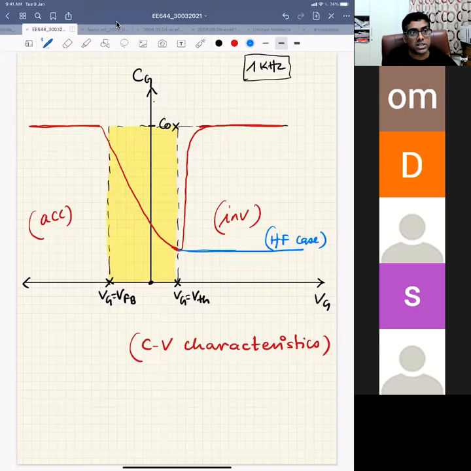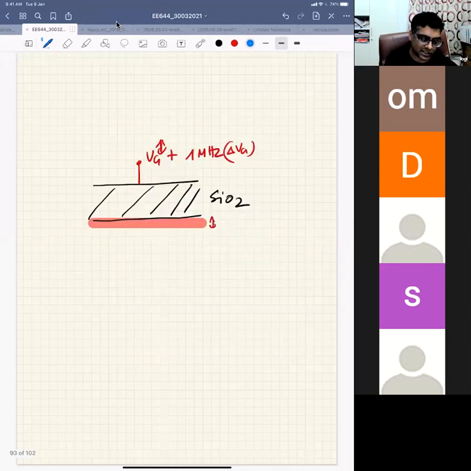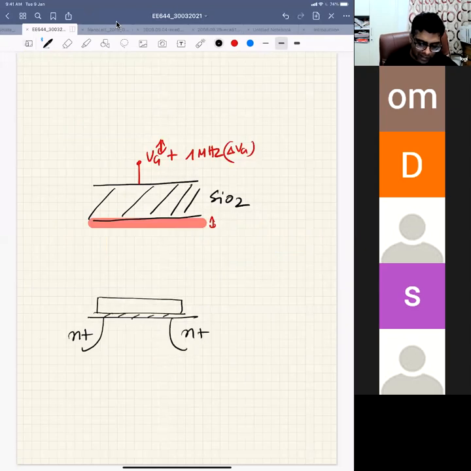But in case of a MOS transistor, we do not generate those electrons thermally. We have N plus regions sitting here in the MOS transistor. If I'm perturbing this Vg, let's say I'm biased in such a way that I have some electrons already here.